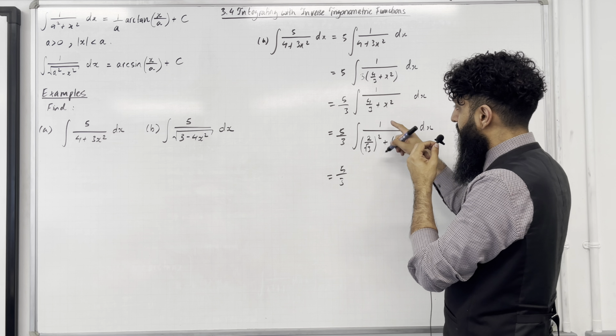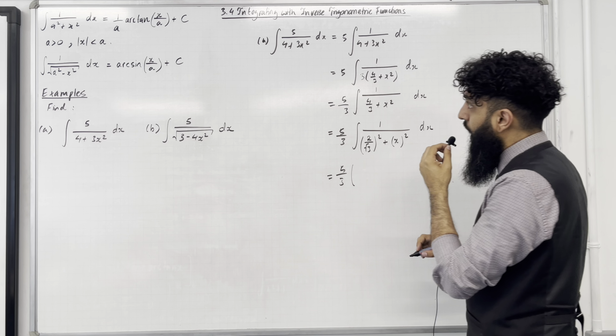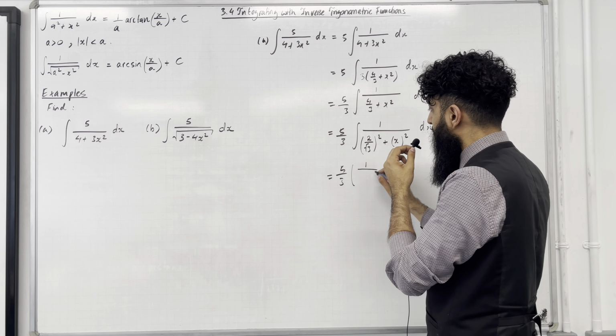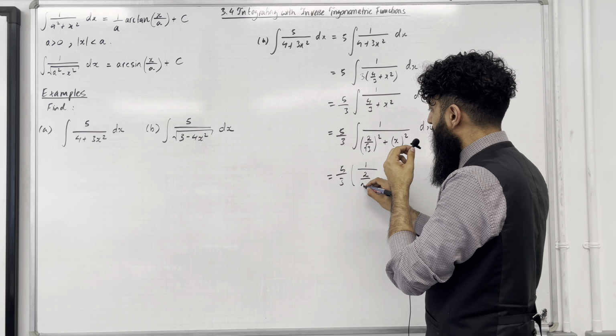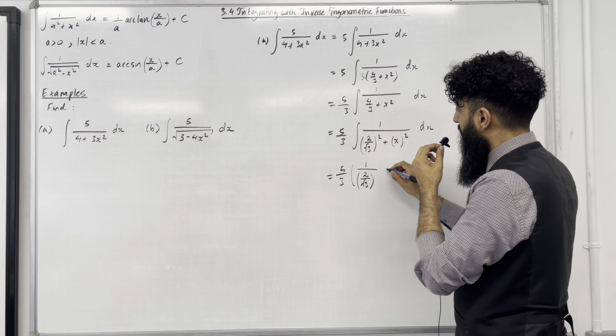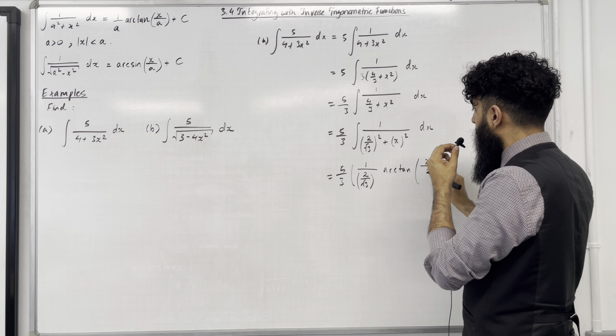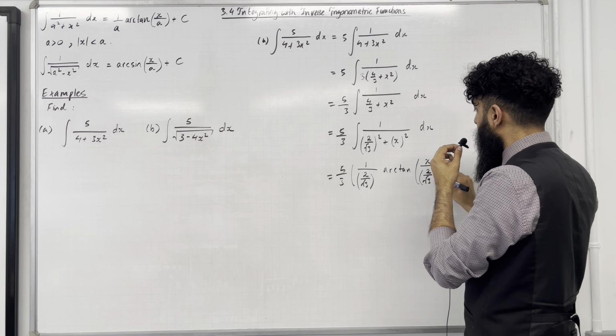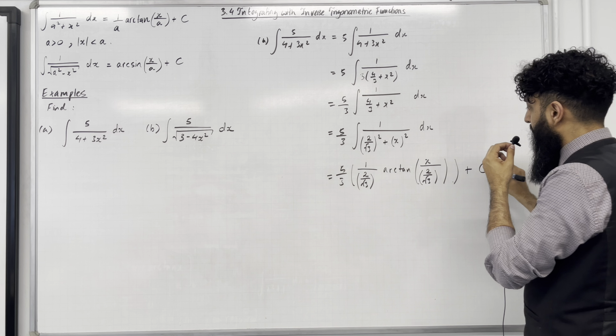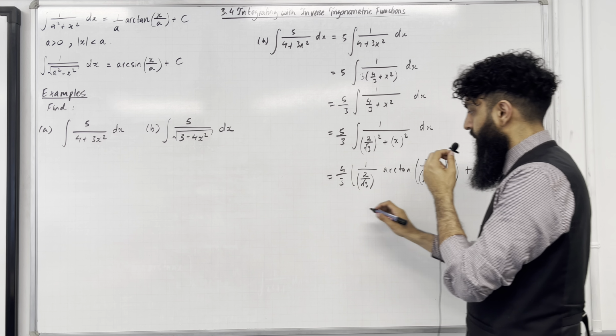So the integral of this will be 1 over 2 over square root 3, arc tan of x over 2 over square root 3, plus c, the constant of integration.